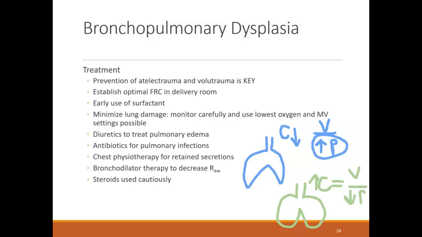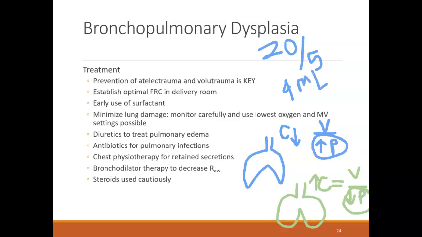And again, this is what I'm setting as my pressure. So if I have my patient set on a ventilator of, let's say, 20/5, before I give surfactant, that's giving me, let's say, 4 milliliters per kilogram.